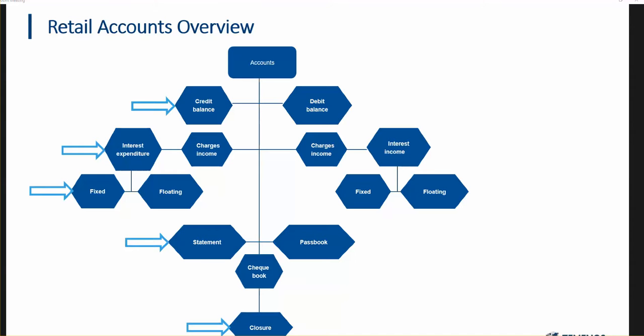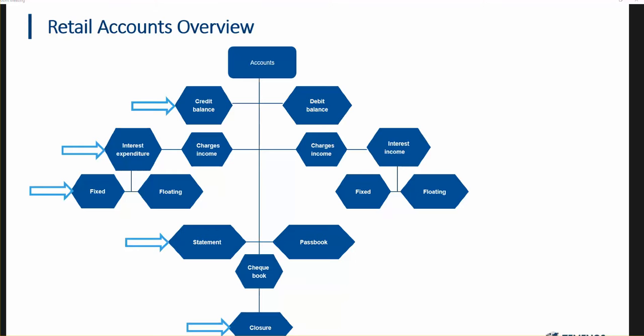On our accounts, it is simple. In arrangement architecture, just like in AC accounts, our accounts can have credit balances, they can have debit balances, and they can be overdrawn. We can attach limits to the account if you allow overdrafts. With this, we can also have the associated debit interest, credit interest, and so on. We can generate statements. If you're still using passbooks, we can also attach passbooks.